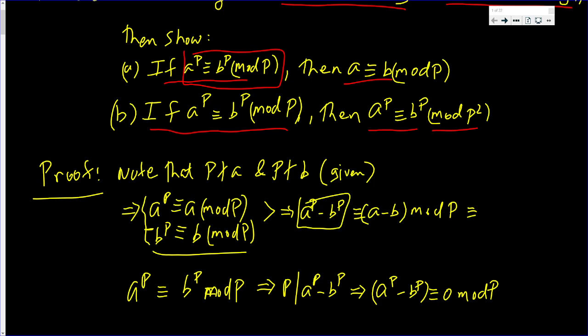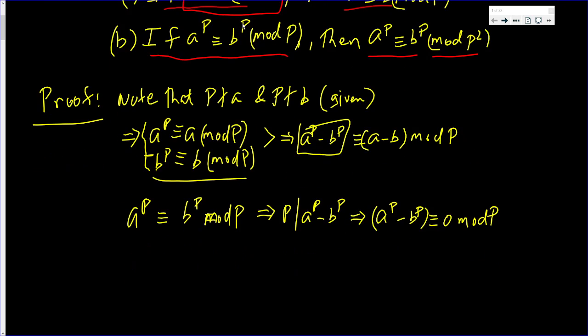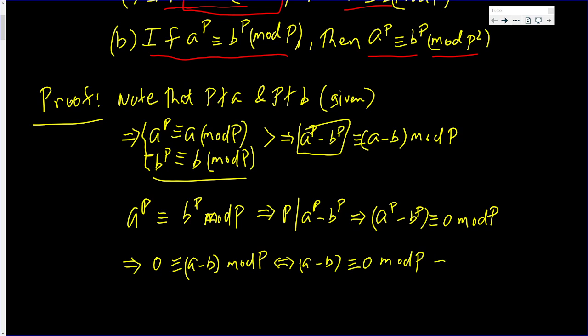Okay, so let's formally state it below. That implies 0 is congruent to a minus b mod p, which is, to remind you, if and only if a minus b is congruent to 0 mod p.